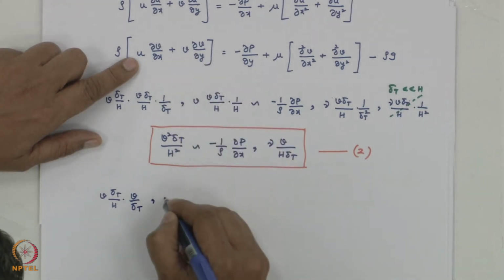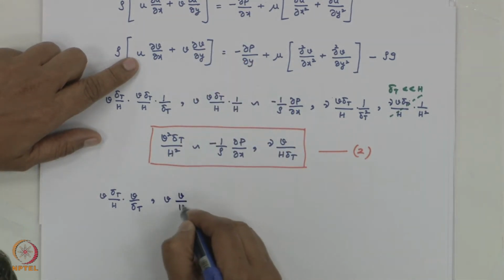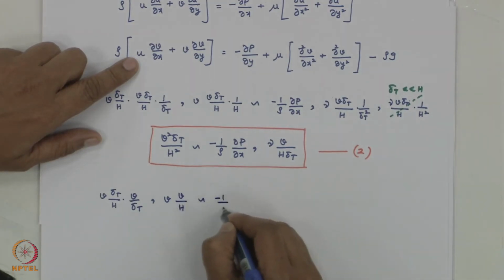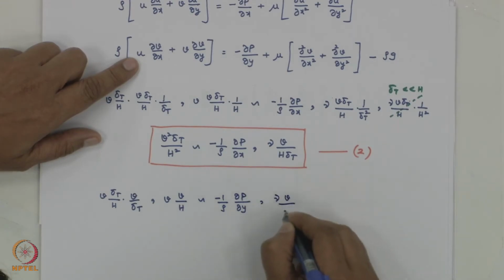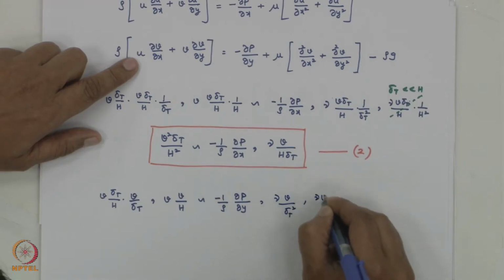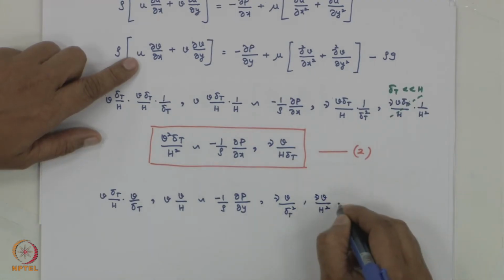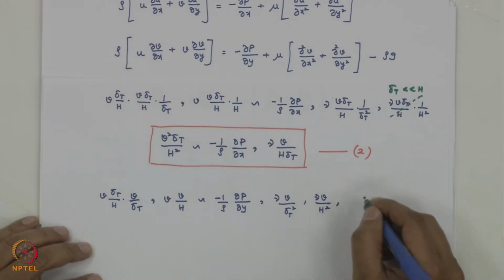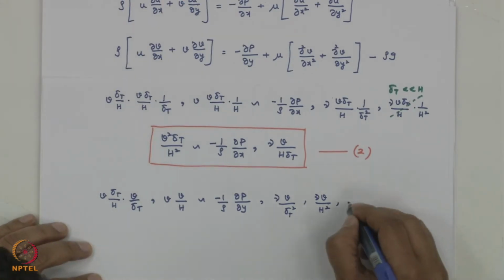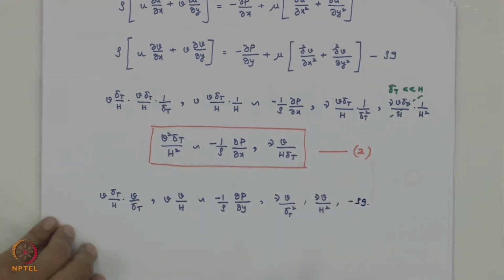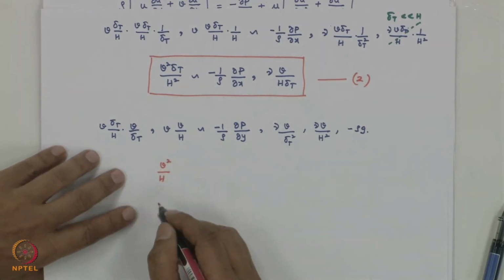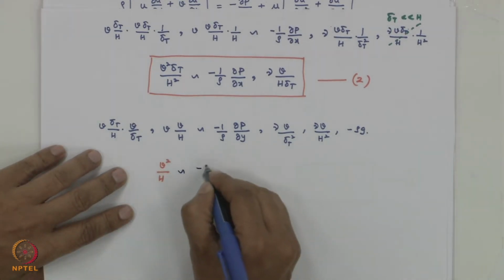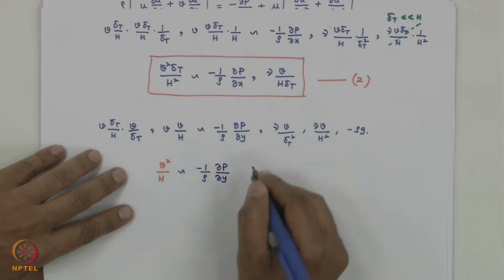Comma, v is as it is, and again v is as it is, and y is h, of the order of minus 1 by rho del p by del y, comma, nu v by delta t squared, comma, nu v by h squared, comma, g. So the left hand side is going to be v squared by h, of the order of minus 1 by rho del p by del y, comma.